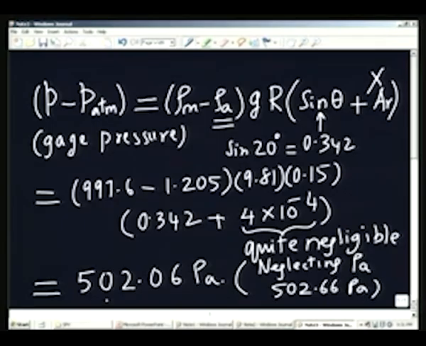So, you get 502.06 if you do not ignore the value of the density of air, and if you neglect it, you get 502.66. Actually, by neglecting the density of air, you are overestimating the pressure by a small amount. In this case, it will be about 0.6 pascal. So, the error in neglecting is plus 0.6 pascals.